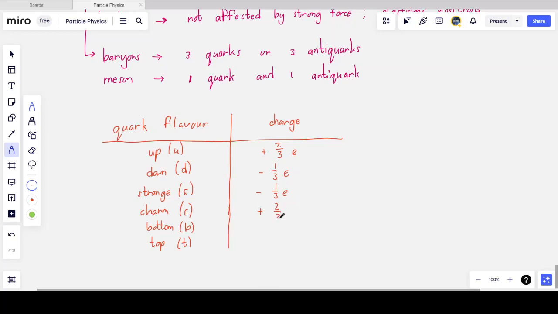And so the charges are as follows: plus 2/3 e for the up quark, minus 1/3 e for the down quark, minus 1/3 e for the strange quark, plus 2/3 e for the charm quark, minus 1/3 e for the bottom quark, and plus 2/3 e for the top quark. Again, you'll find these charges in your textbook. And really, there isn't a special way to memorize them. It's just, well, you need to.